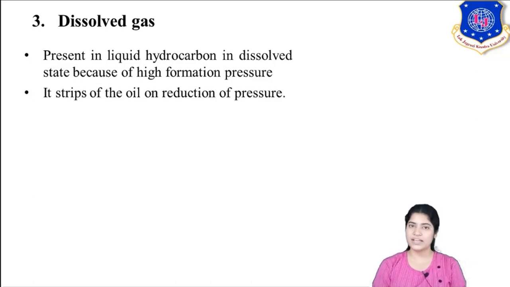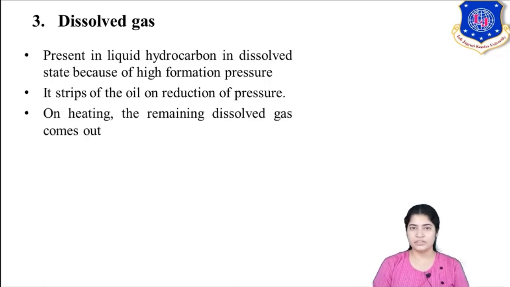Now, when they are taken out from the earth's crust, from high pressure I am bringing to atmospheric condition. So what would happen? The gas would be stripped out of the oil. Now, the remaining dissolved gas, how do I get it? When I'm subjecting my crude oil to heating, these gases again come out.